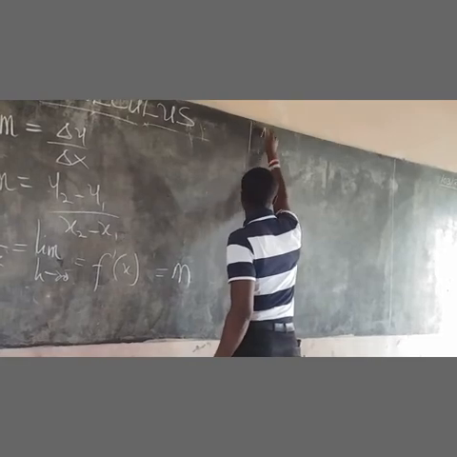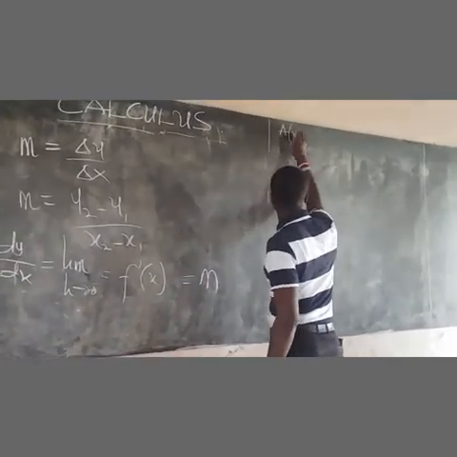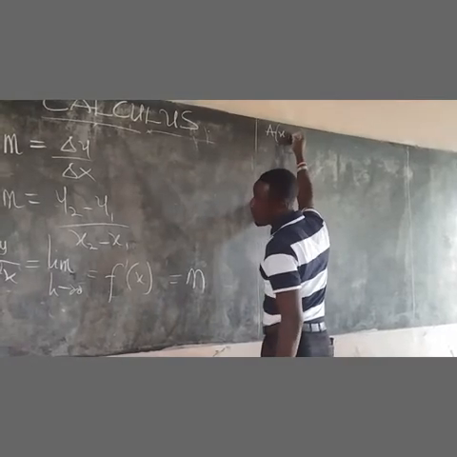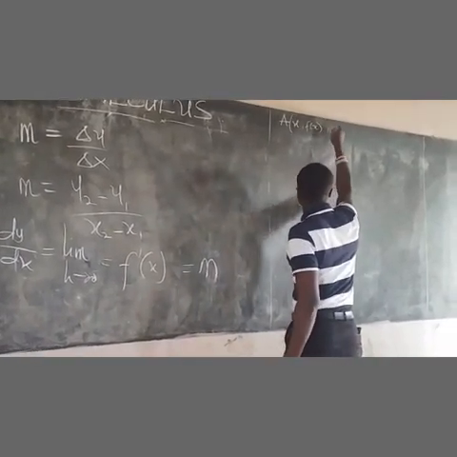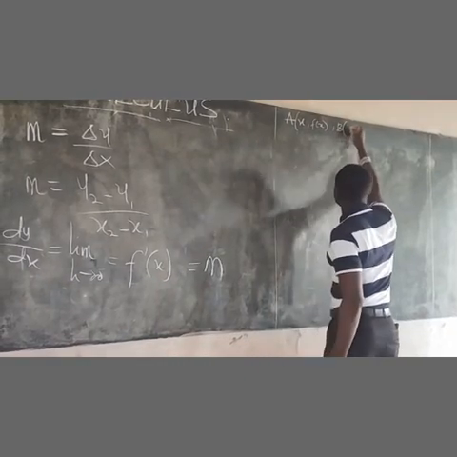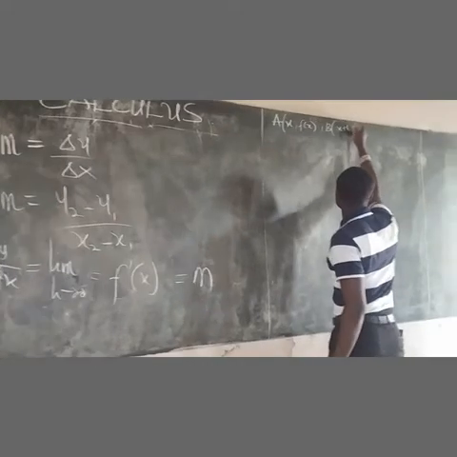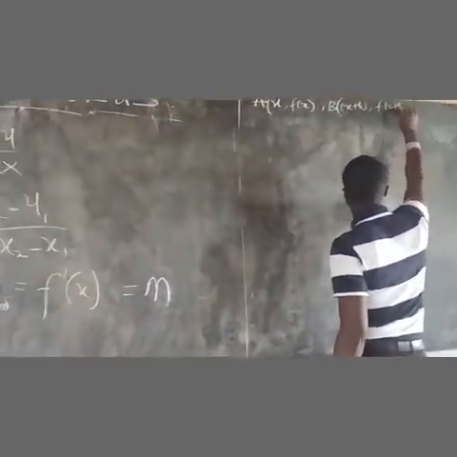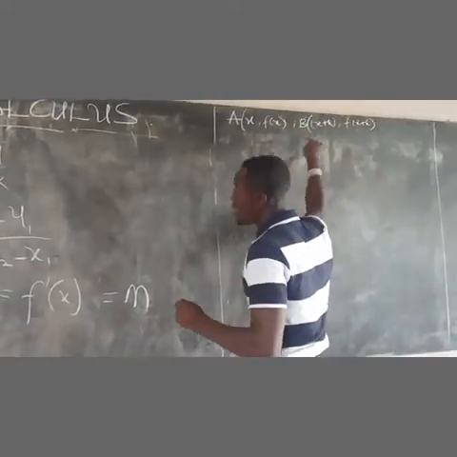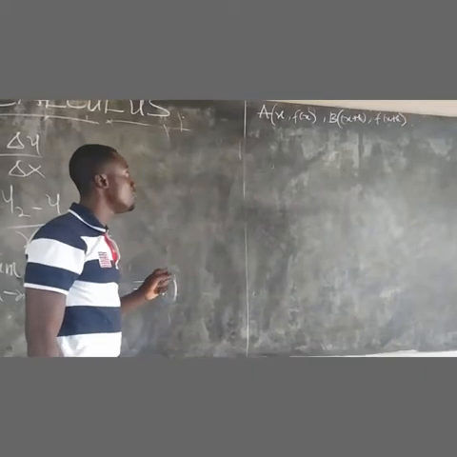Point A, we have x and f of x. Then point B, we have x plus h against f of x plus h. So we have to find the gradient of the line passing through the points A, B.